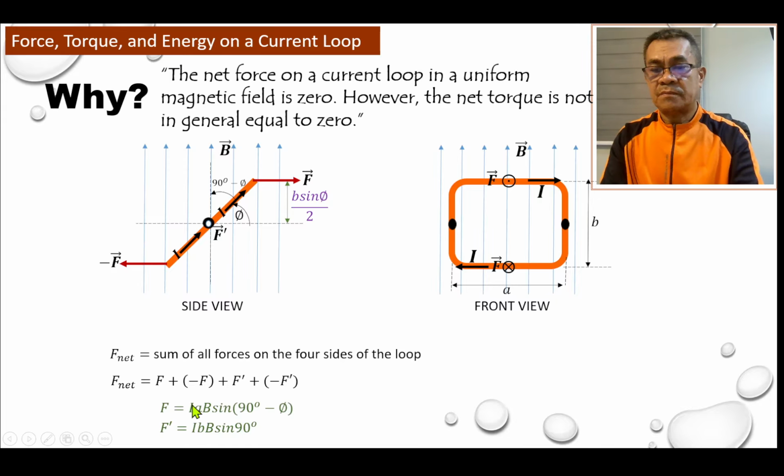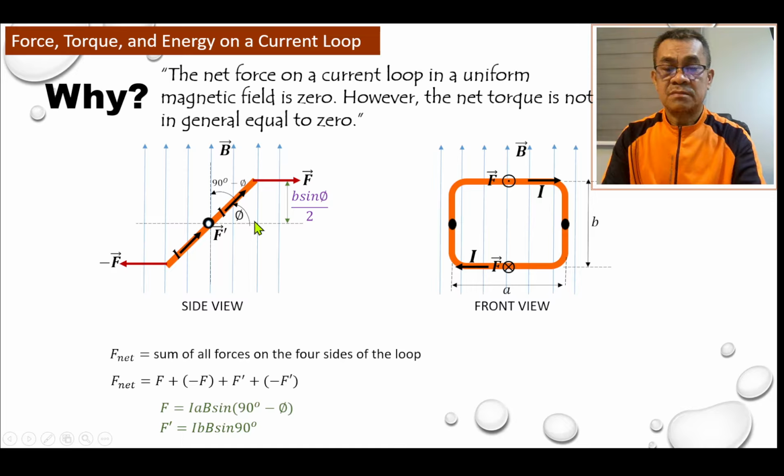Okay, so if you substitute using the formula, I is the current that flows. A is this one. Then we have the magnetic field, and the angle between the length and the magnetic field is 90 minus theta.